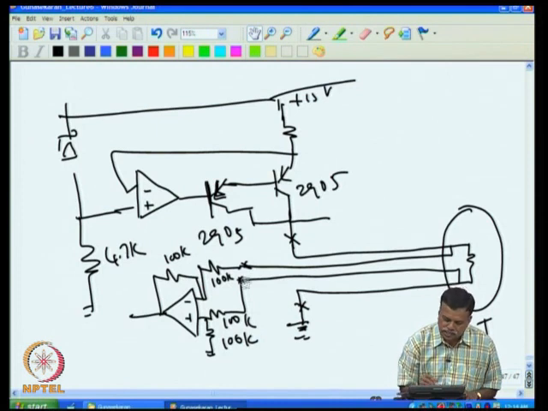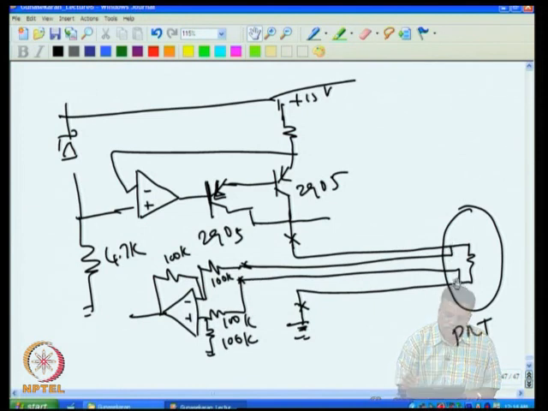And since this is 100K, the current flowing through these leads is very small, and because of that there is negligible voltage drop on this wire. So the exact voltage between this point and this point is now reproduced here, without involving these connecting lead wire resistances. So that makes our measurement accurate.